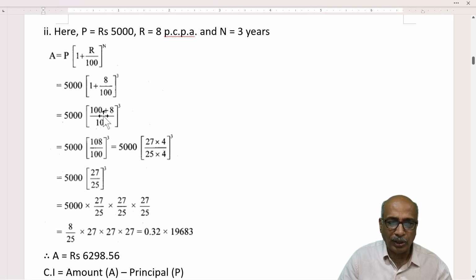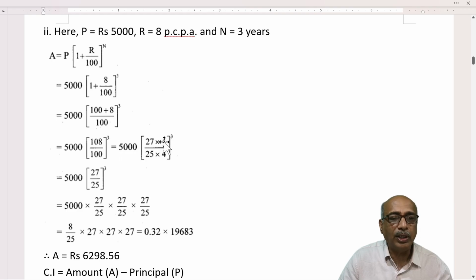Method of calculation is the same. 100 plus 8, 108 upon 100, equals, here 5000 into 27 into 4 over 25 into 4. Here we can simplify by the table of 4. So you will get 27 upon 25, whole cube.